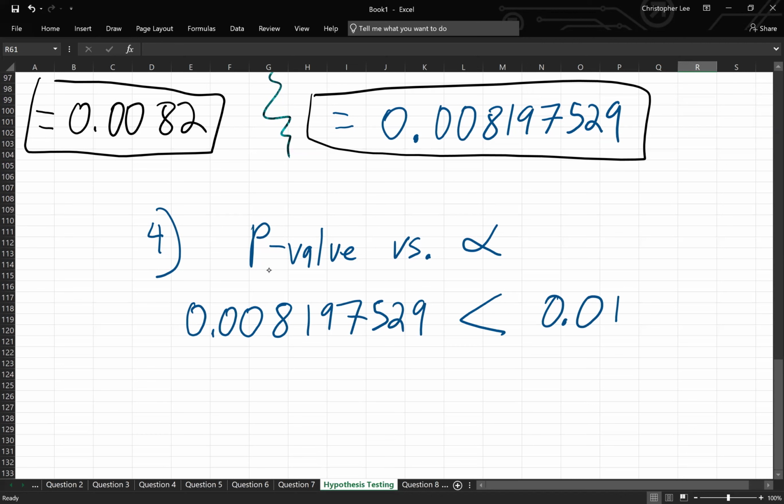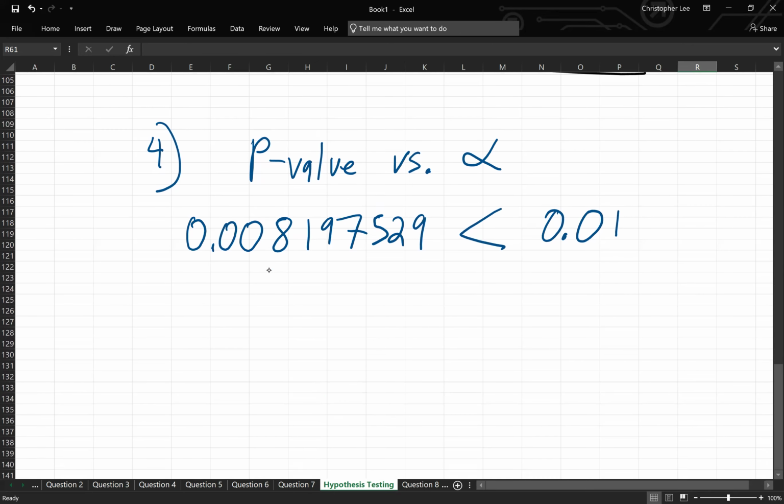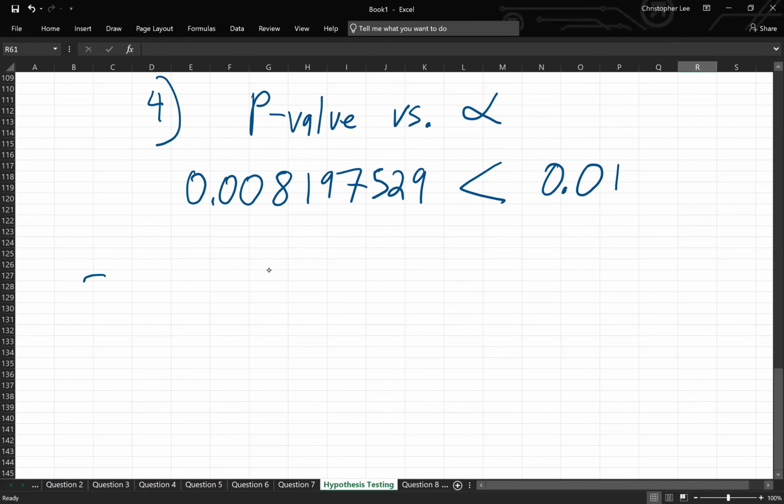All right. So now, step 5, I want you to make a decision. Am I going to reject the null hypothesis, or am I going to fail to reject the null hypothesis? So I reject the null hypothesis, right? And then you can also give an interpretation of it.